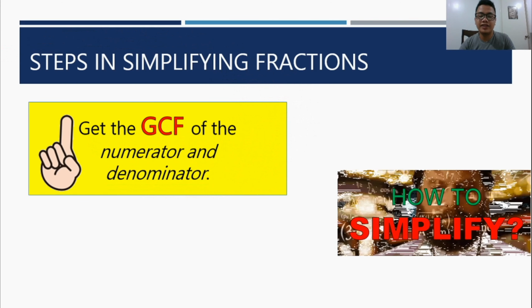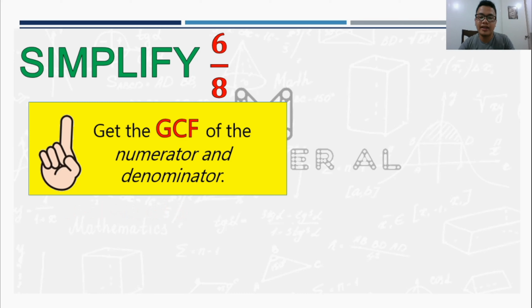Again, we will be using these fractions as our examples since they are not yet simplified. So let's start again. Simplify 6 over 8. First step, we have to get the GCF of the numerator and the denominator.